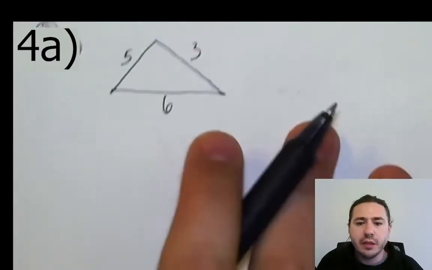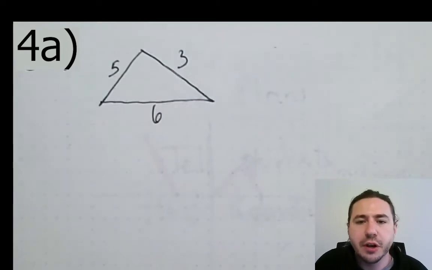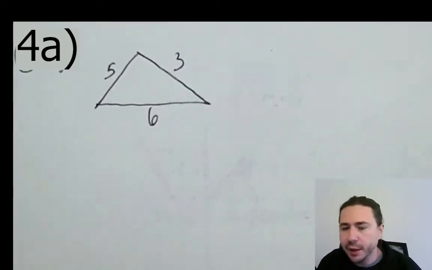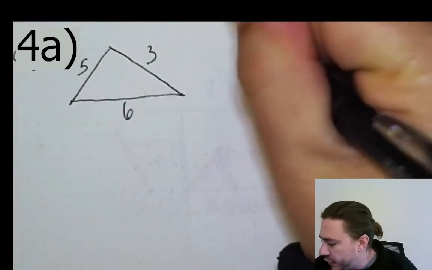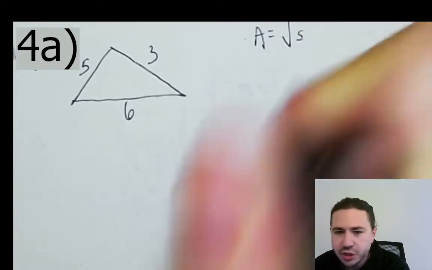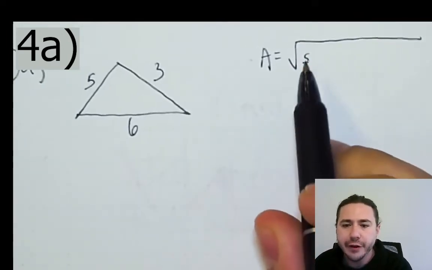For number 3, all these problems are going to require the use of Heron's formula. So let me just write it one time for all of these problems. The area is going to be the square root of S, which, if you'll recall, is half of the perimeter.